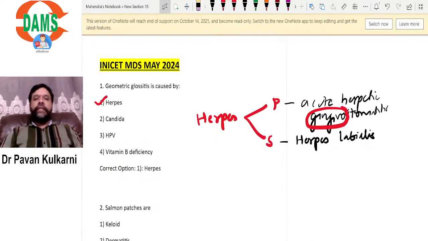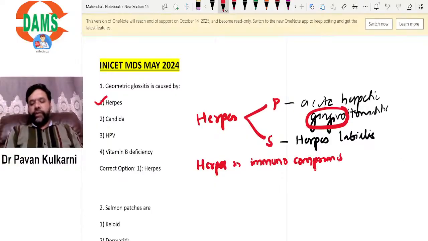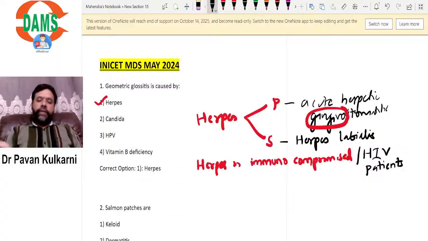Now, why I am discussing the primary and secondary herpes is that geometric glossitis means it affects the tongue. It is seen in herpes, but not all cases of herpes will show it. If herpes occurs in immunocompromised patients, particularly HIV positive patients, in such cases you will see geometric glossitis.